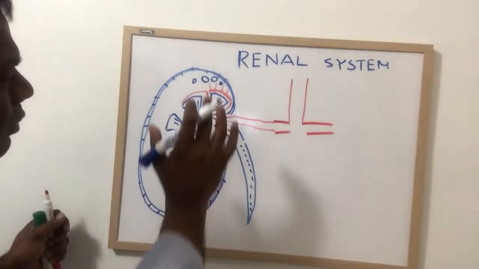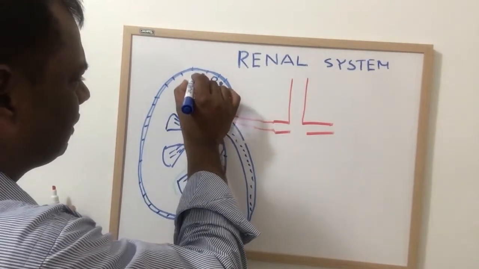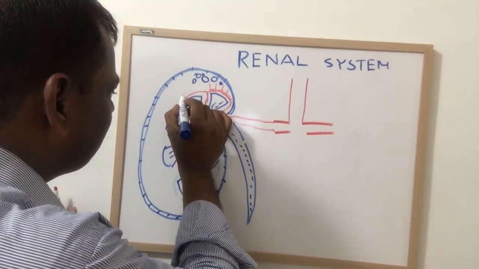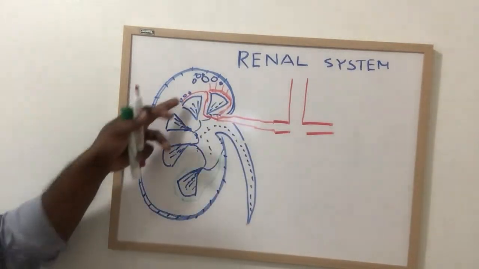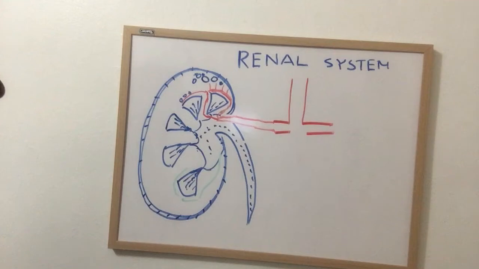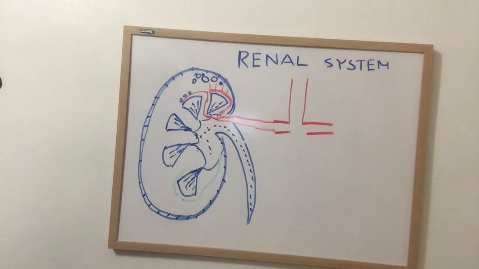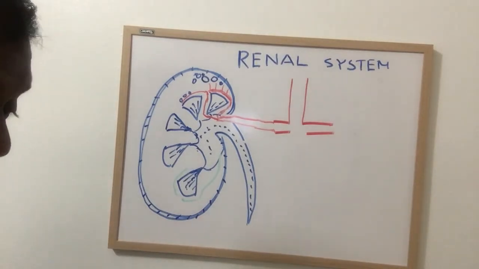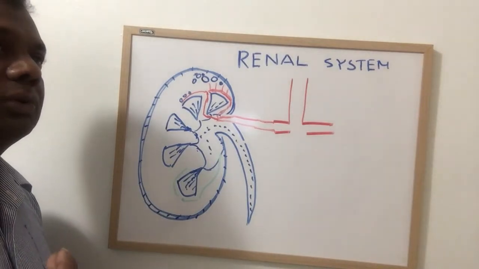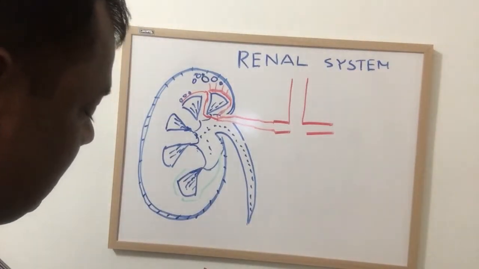We found about 80% of nephrons in the cortex area like this, and there are also some nephrons in the medullary area, which is around 15%. The nephron is mainly engaged in the filtration mechanism. They are responsible for the filtration. We call it GFR.